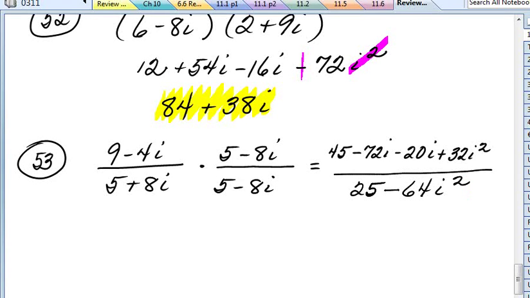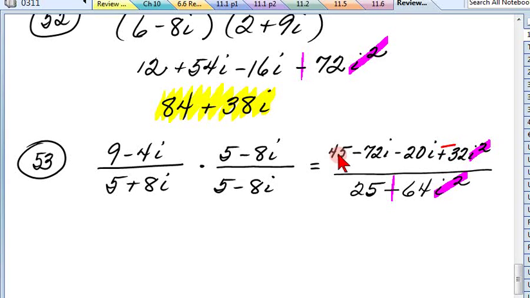All right, now it's time to clean things up. i squared on the top makes that a -32. That blob is negative. On the bottom, that i squared makes that a positive. So I think I'm going to change this to minus. Okay. What do I have?